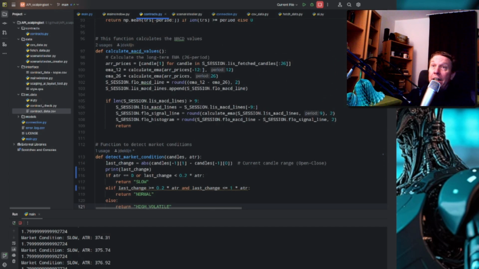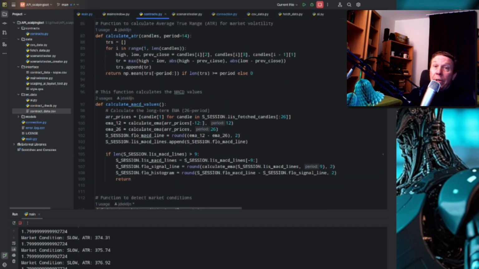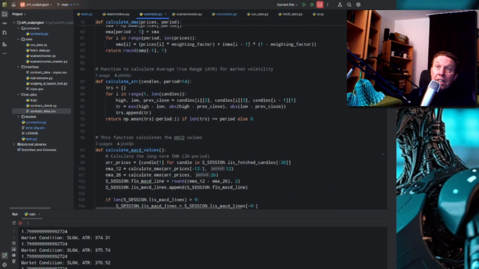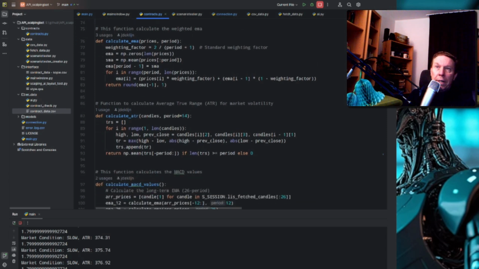So this is not my strategy. This is the strategy of ChatGPT that I implemented. We have to see today, and maybe in the rest of the week, how this strategy works, and I need to adjust it. I already did some adjustments, but this is the new strategy that ChatGPT proposed.